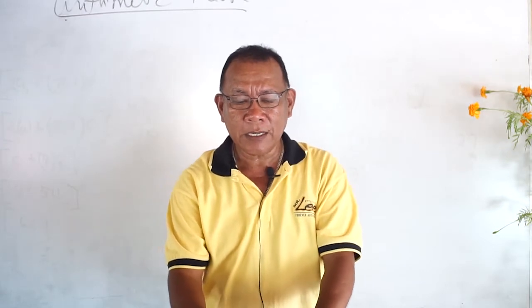So our next topic, we have arithmetic mean. When three numbers form an arithmetic progression, the middle number is called the arithmetic mean between the other two.